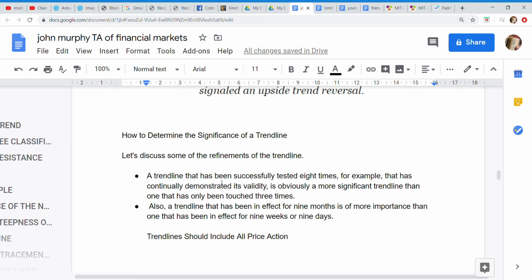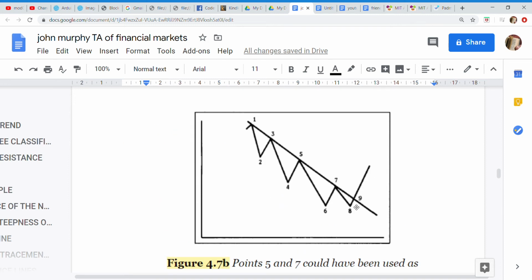A trend line that has been successfully tested 8 times, for example, that has continually demonstrated its validity, is obviously a more significant trend line than one that has only been touched 3 times. So this is touched 1, 2, 3, 4 times.